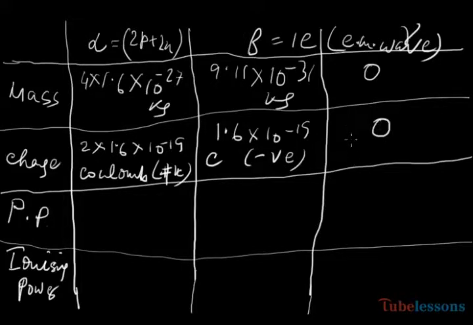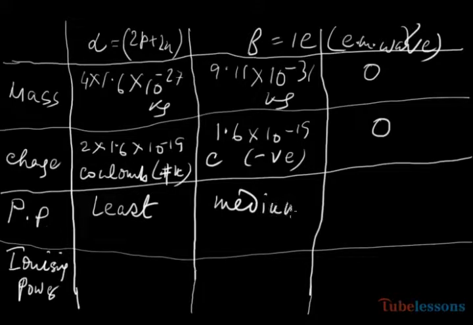Regarding mass and charge, gamma is nil. The penetrating power of an alpha particle is least. It can penetrate a very fine plate of lead. A beta particle has medium penetrating power. It can penetrate a thicker lead plate, and gamma has maximum penetrating power. It can penetrate a lead bar nearly 1 meter thick.